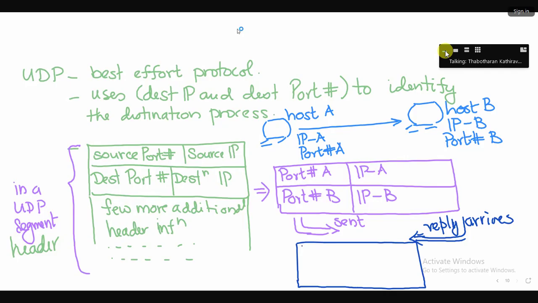Now this is the source port number B, IP address of B. Port number A, IP address of A. They switch their positions.